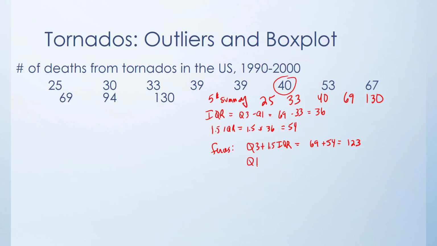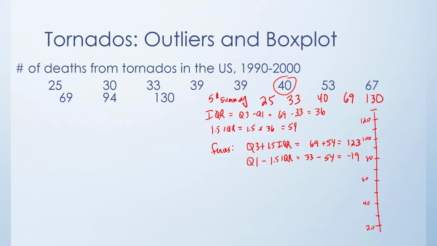And then on the low side, Q1 minus 1.5 times interquartile range. So we're looking at 33 minus 54, which is negative 19. We're going to go ahead and make our sketch here: 20, 30, 40, 50, 60, 70, 80, 90, 100, 110, 120, 130.